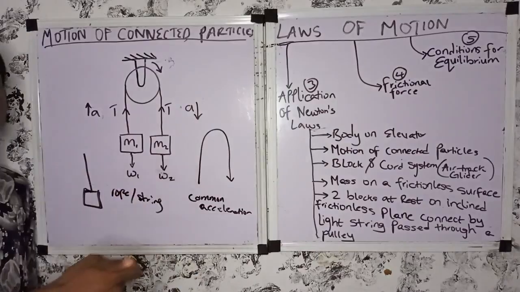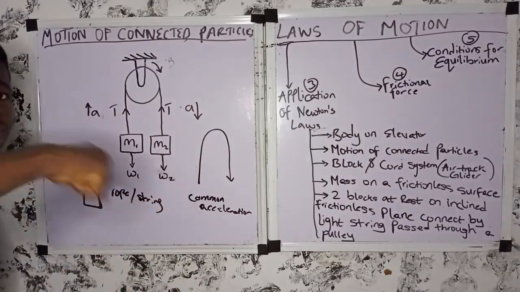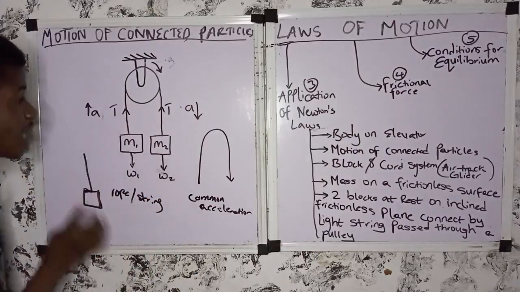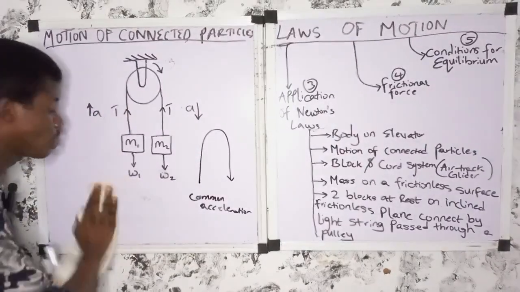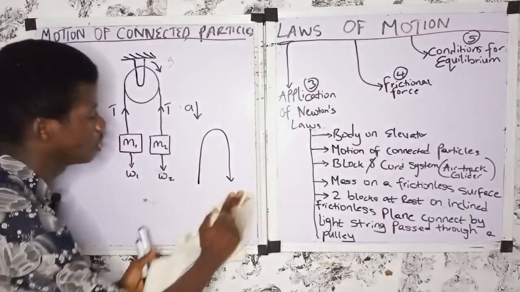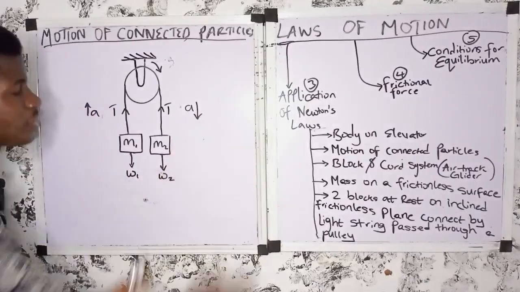Whenever a body is connected by a rope, there is usually tension acting on that rope, and that tension is always upward.